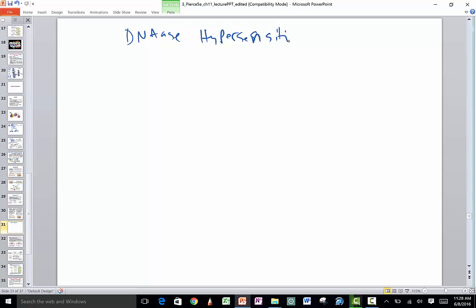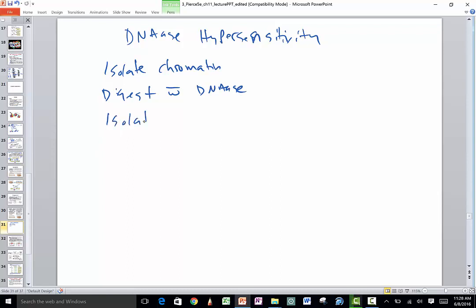There's an I in there, sensitivity. So DNase hypersensitivity. Isolate chromatin. Digest with DNase. Then isolate DNA. Notice DNA and chromatin are two different things in two different steps.